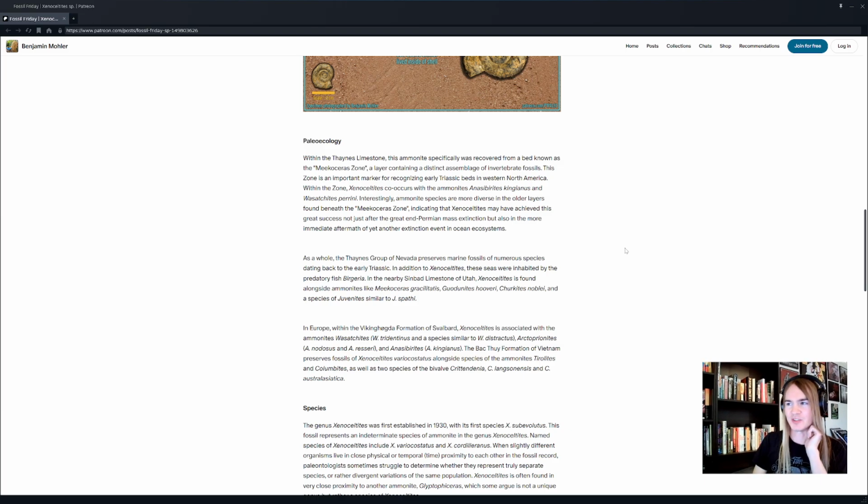Within the Thanys limestone, this ammonite specifically was recovered from a bed known as the Mycoceras zone, a layer containing a distinct assemblage of invertebrate fossils. This zone is an important marker for recognizing early Triassic beds in western North America.